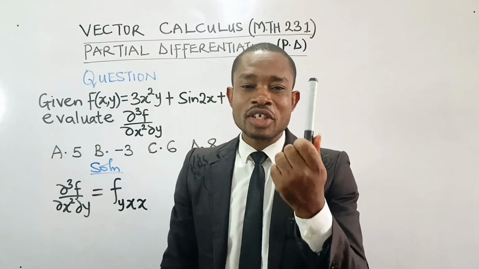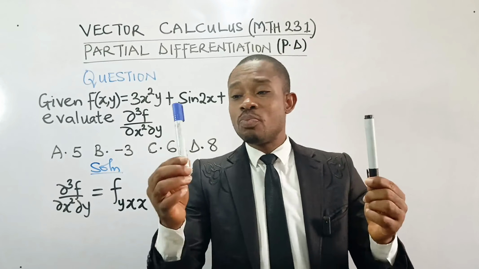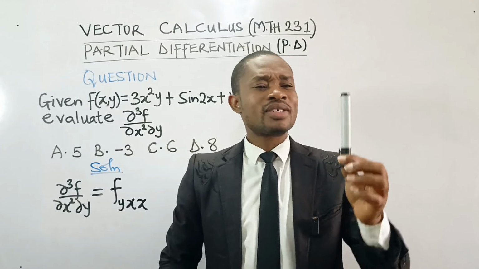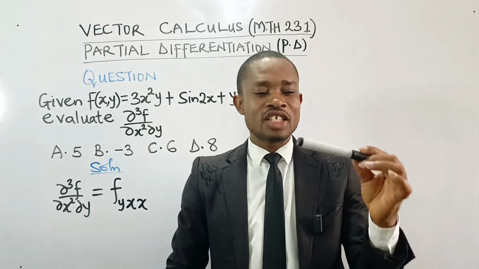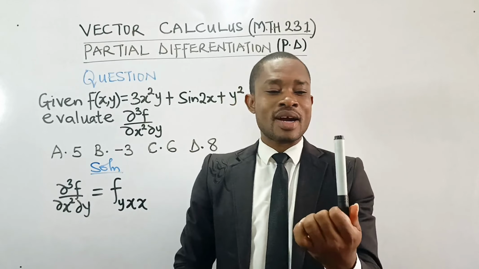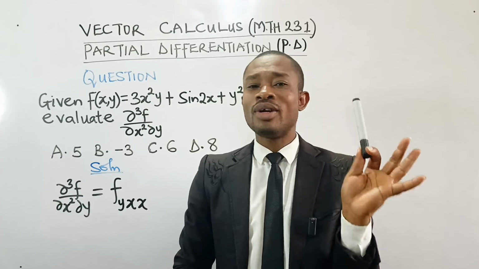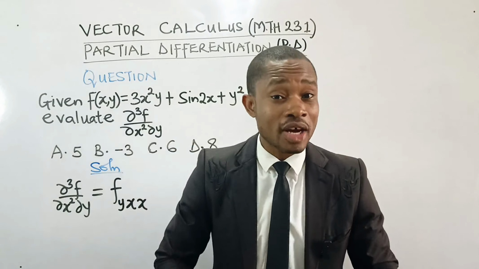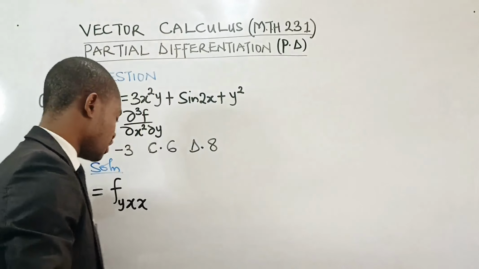If I'm differentiating partially with respect to this black marker, this blue marker will be taken as a constant, because I'm trying to describe the change in this black marker with respect to the black marker only. That is the whole idea of partial differentiation. Let us apply it and see.